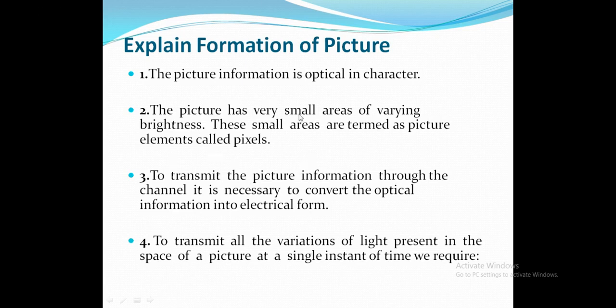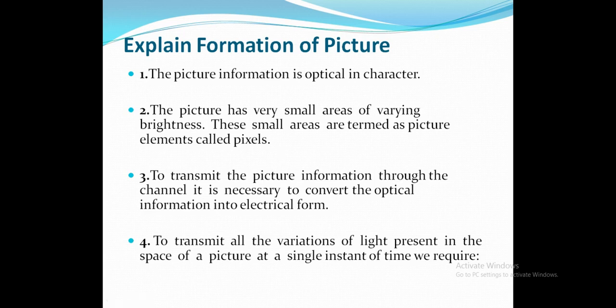picture information is optical in nature, based on brightness. So here the picture has very small areas of varying brightness. These small areas are termed picture elements, that we call pixels.